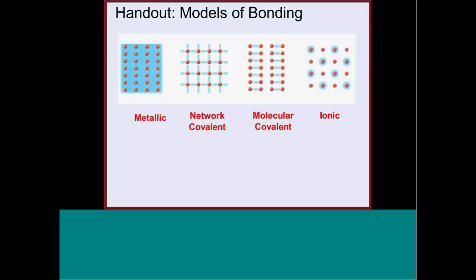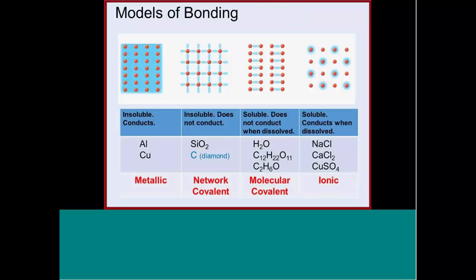And then for ionic, the electrons have actually moved to one type of atom and they're not on the other atoms.